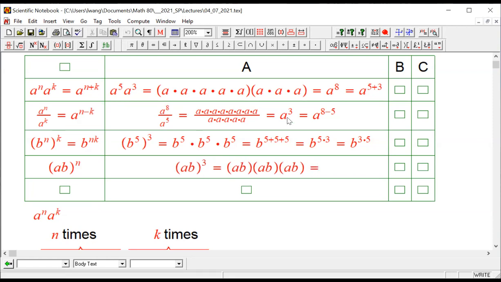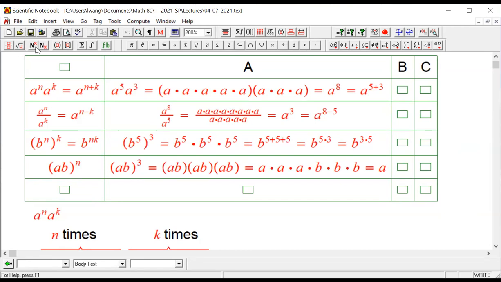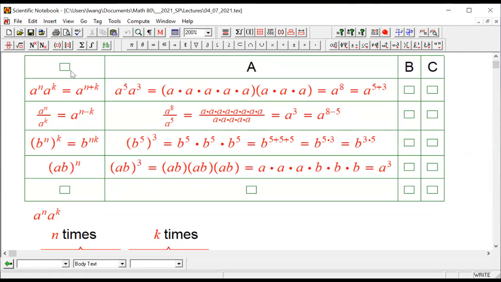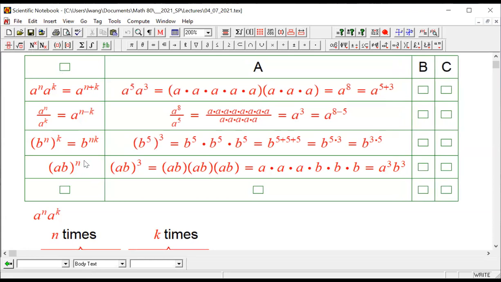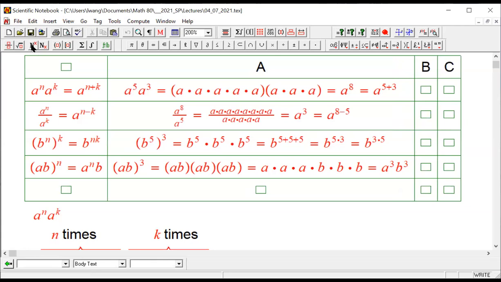And you can put all the A's together, and you can take all the B's together. So in the end, you have A to the power of 3 multiplied by B raised to the power of 3, right? So A times B to the power of n is equal to A to the power of n multiplied by B raised to the power of n.